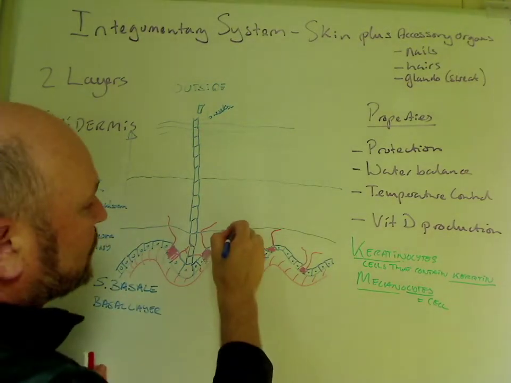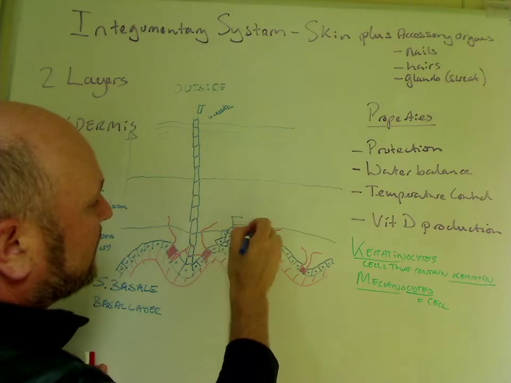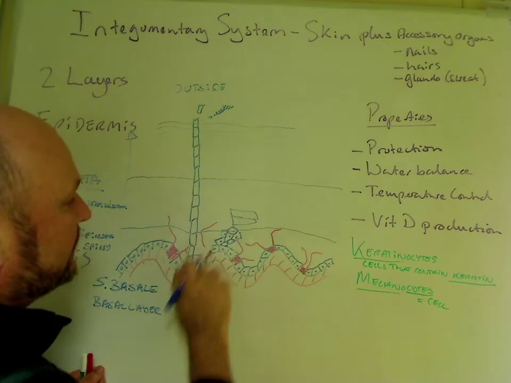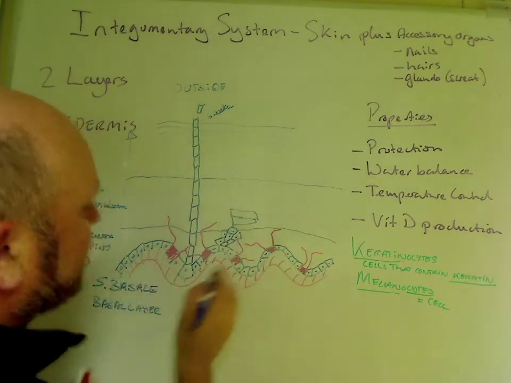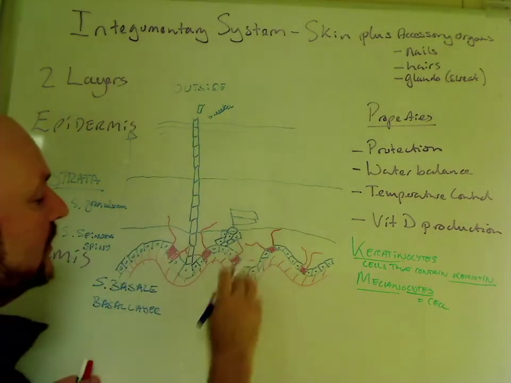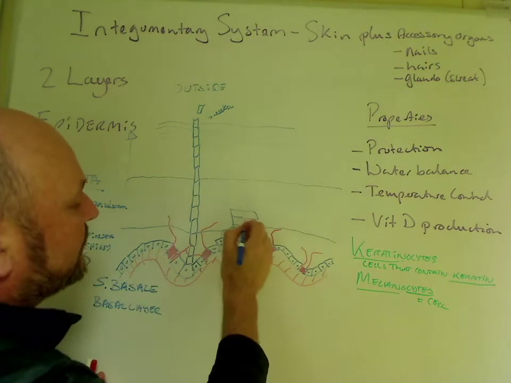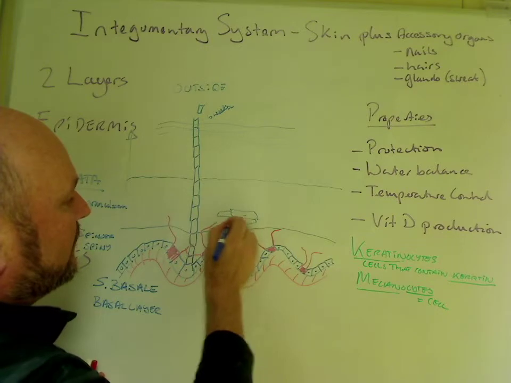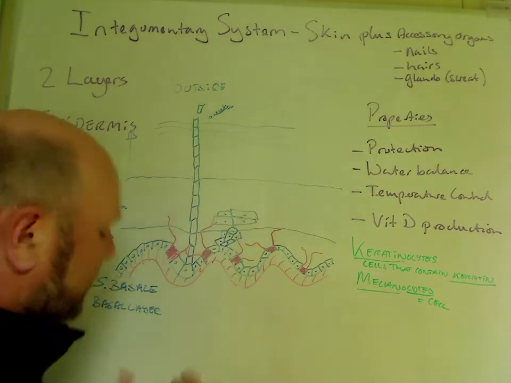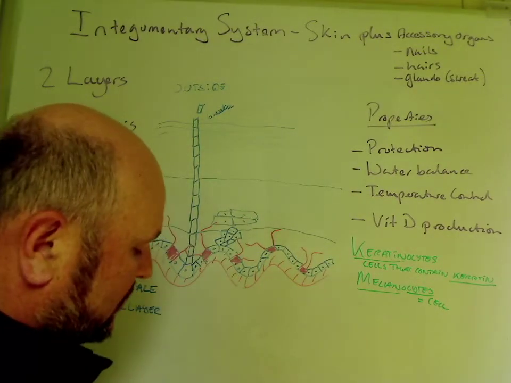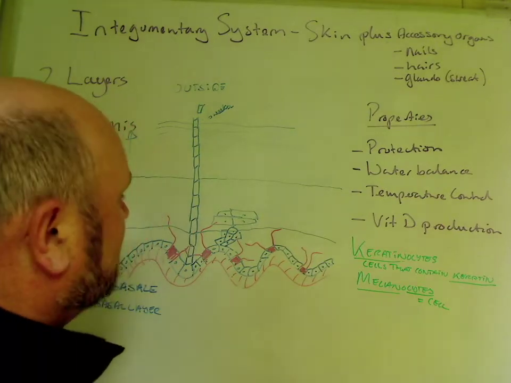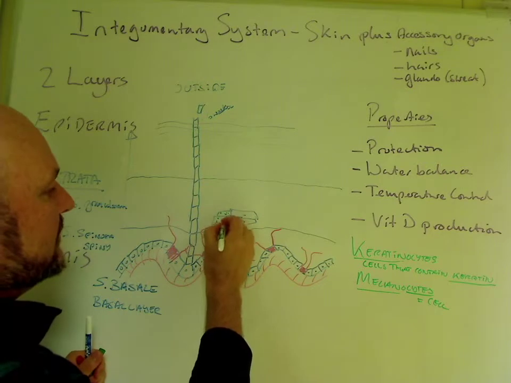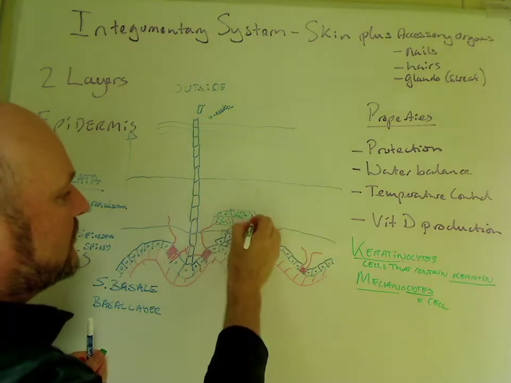Now when the cells push up through here, they're getting a bit flattened out by this point, they're getting a bit squashed down, because remember this all is stratified squamous, meaning it's all squashed down. The lower layer looks more cuboidal because it's not been fully squashed. So you're getting cells here flattened out. But the other thing that we notice at this stage, in the granulosum layer, is inside the cells you can see granules.